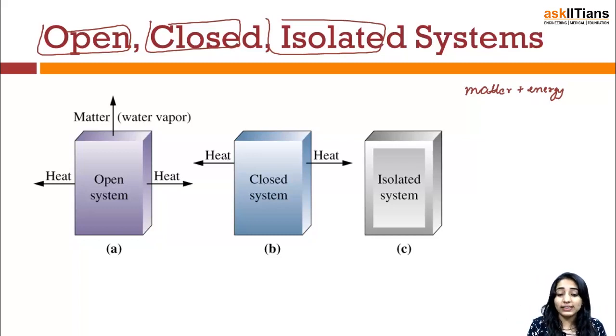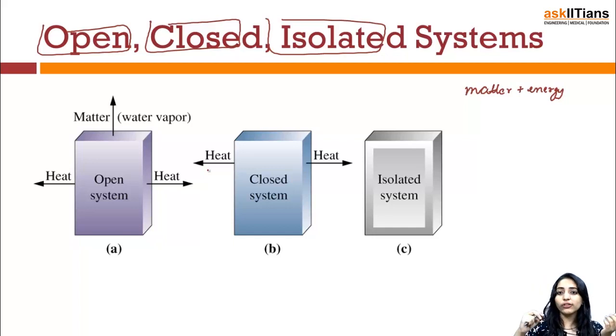Now, for example, you have taken a cup of coffee and poured some coffee in that cup. You know that the coffee gets cold after some time. You placed a cup of hot coffee somewhere, and you will find that it becomes cool. So we can say that there was an exchange of matter plus energy with the surrounding. Why matter?